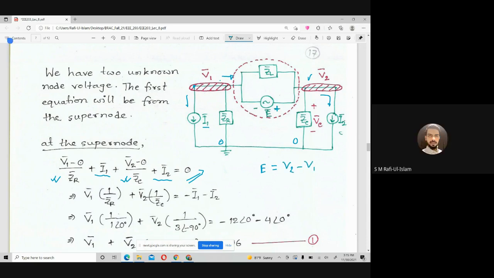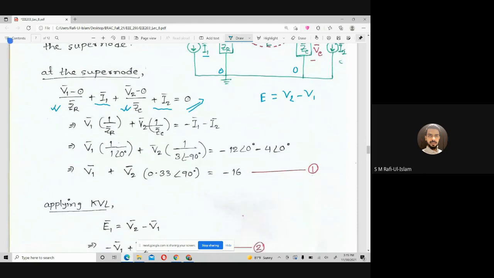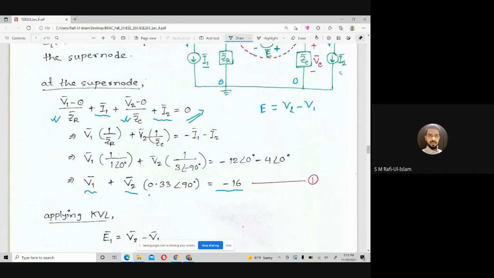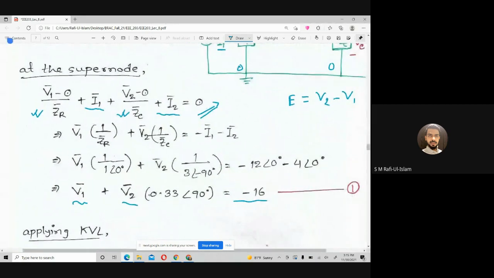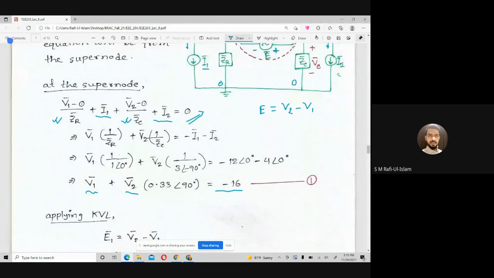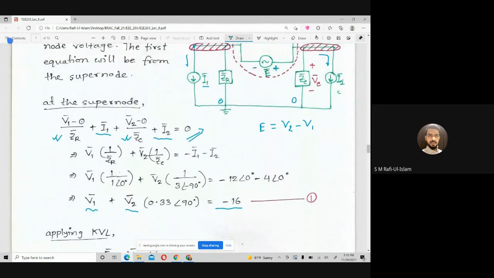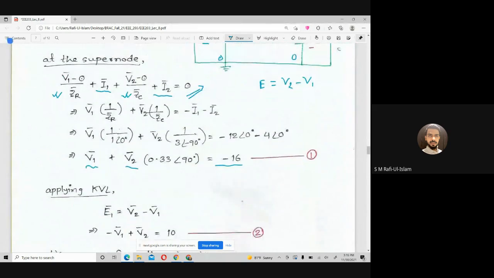Okay. So from the supernode, we can write the equation with respect to V1 and V2, and the rest would be on the right side. So this is like a1x plus b1y equal to c1. Similarly, I am writing the KVL or voltage equation for that voltage source, which is equal to V2 minus V1.